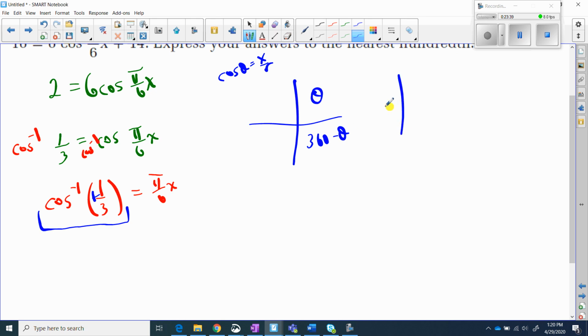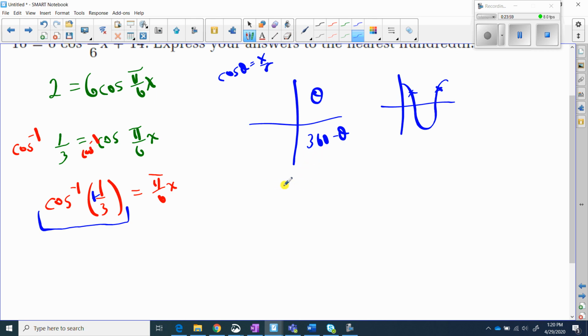If you're now understanding the whole wave idea better, one answer is here where cosine's positive, and the other one's over here. That makes sense. This is the one between 0 and 90, and this is the one between 270 and 360, which would be quadrant 4. So the graph makes sense with what we were doing before.